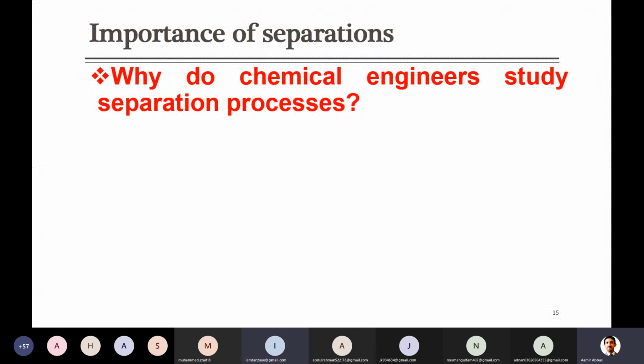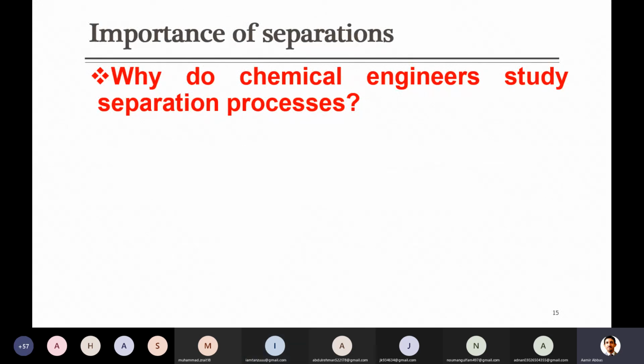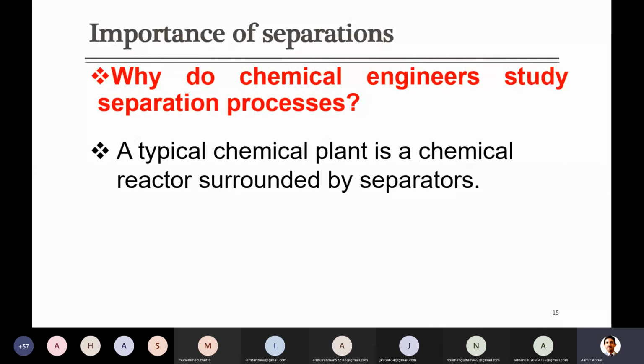Sir, catalyst separation. Yes, catalyst separation can take place, and that I was expecting from you. So usually when you see a typical chemical plant, there will be a reactor, because we are producing something.